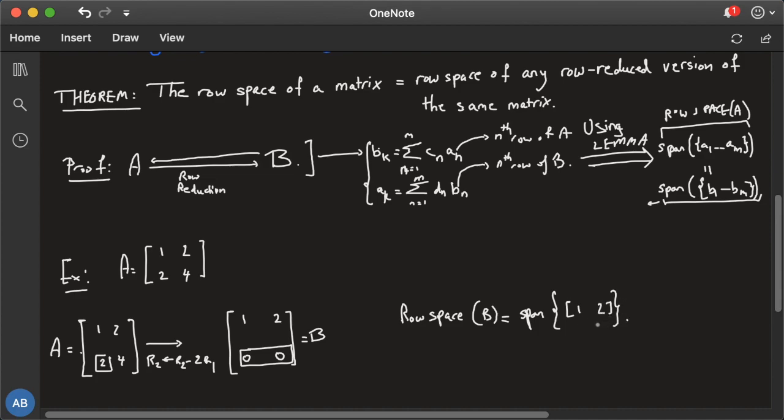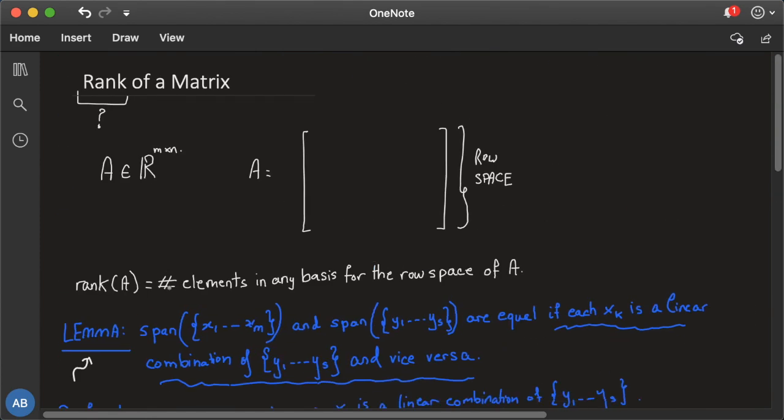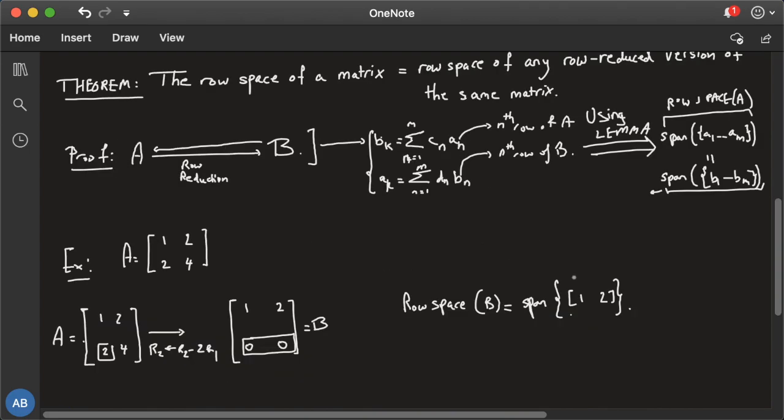It suffices to use only this vector to represent the row space of B, and thus A by the theorem above. Now, using the definition of the rank, up here, it is the number of elements in any basis of the row space of A. Going back down here, how many elements do we have? We have only one row element. Hence, the rank of B, which is also the rank of A because they have the same row space, is 1. Okay?